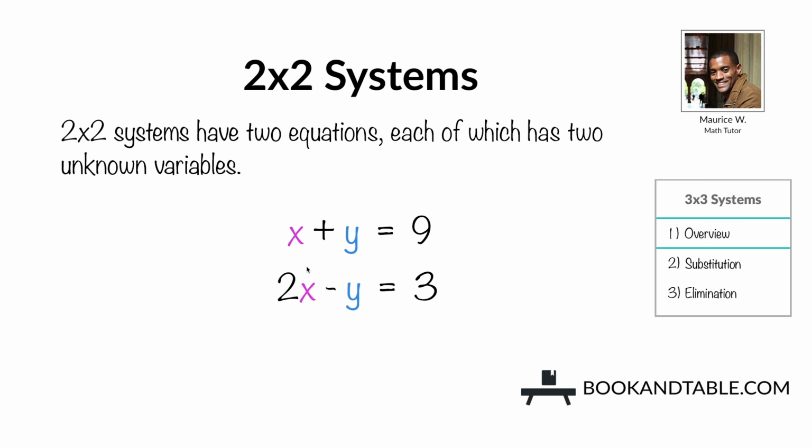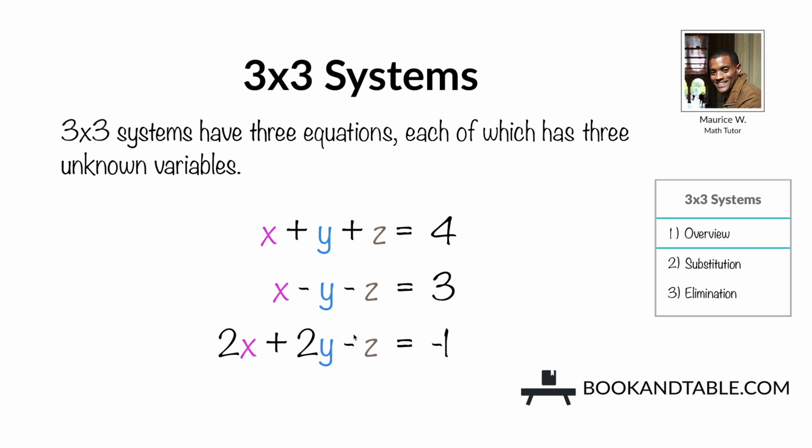So for example, this could be a 2x2 system. We have one equation and then a second equation, and they each have two variables. The variables have the same exact value in each equation. A 3x3 system is not much different. 3x3 systems have three equations, each of which has three unknown variables.